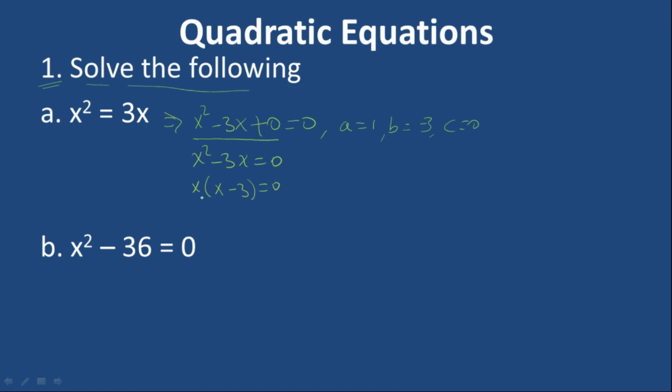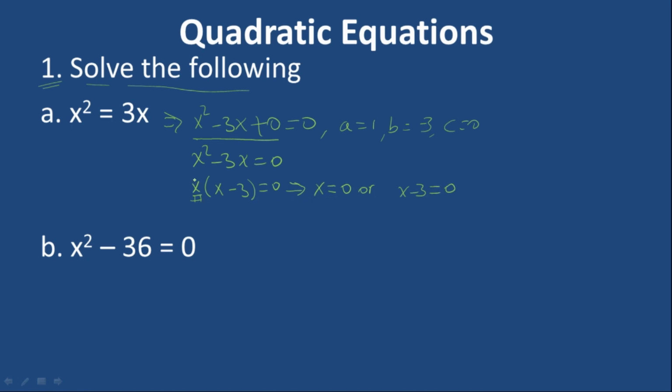In this context, the product of two numbers gives 0, which means either one of them must be 0. This means either x is equal to 0, or x minus 3 is equal to 0.